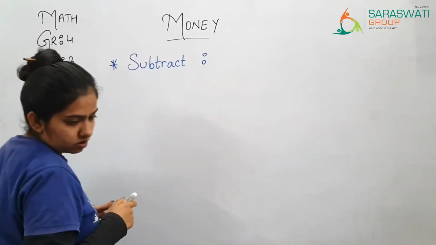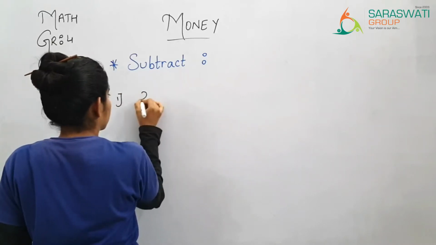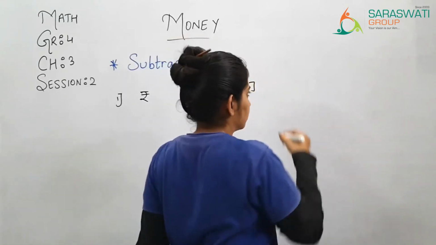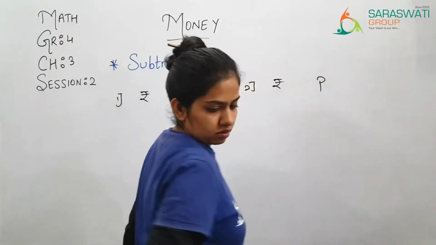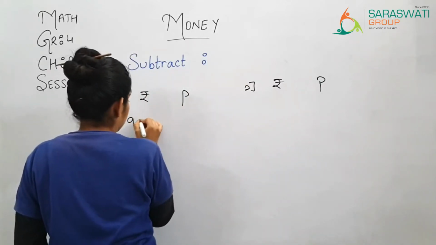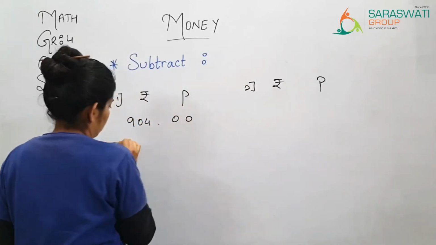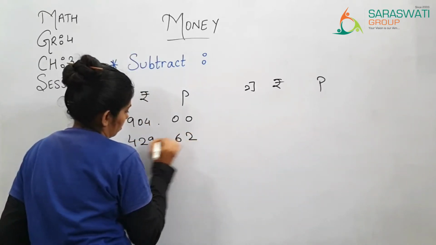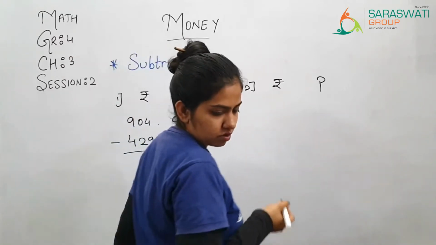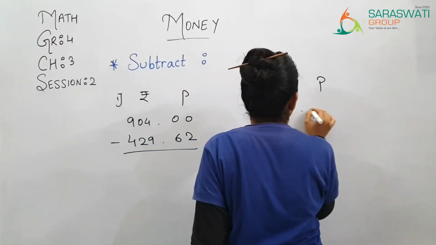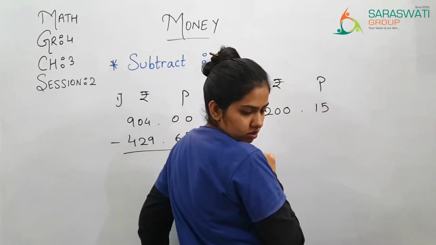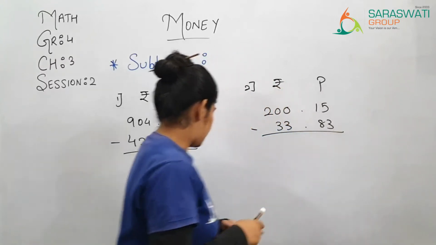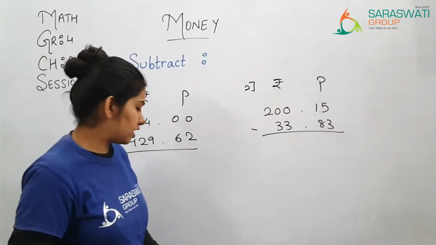Subtract. So now you can see I have written the digits.